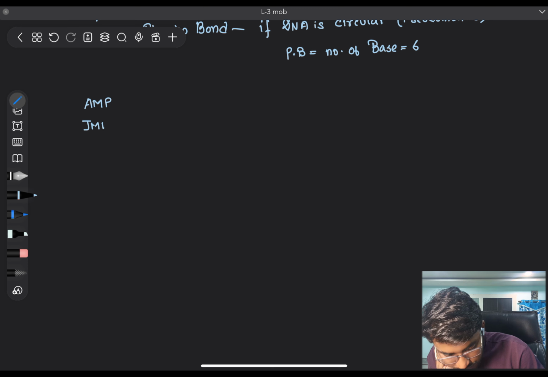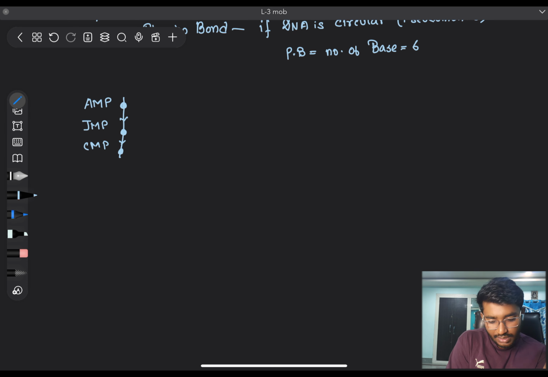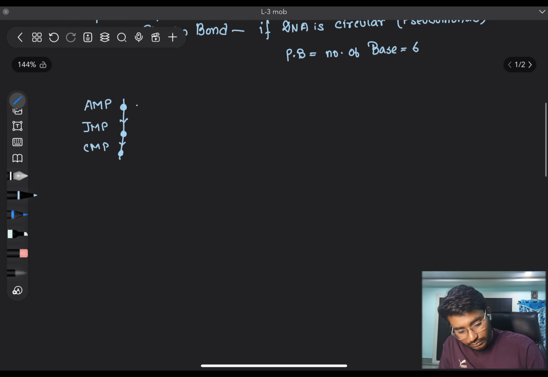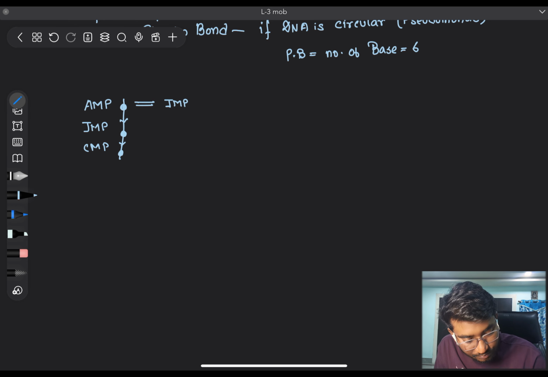Now the adenosine monophosphate, AMP, TMP, CMP, GMP. AMP double bonds with TMP. Sorry, it's not IMP, it's TMP. TMP double bonds with AMP, and CMP triple bonds with GMP.